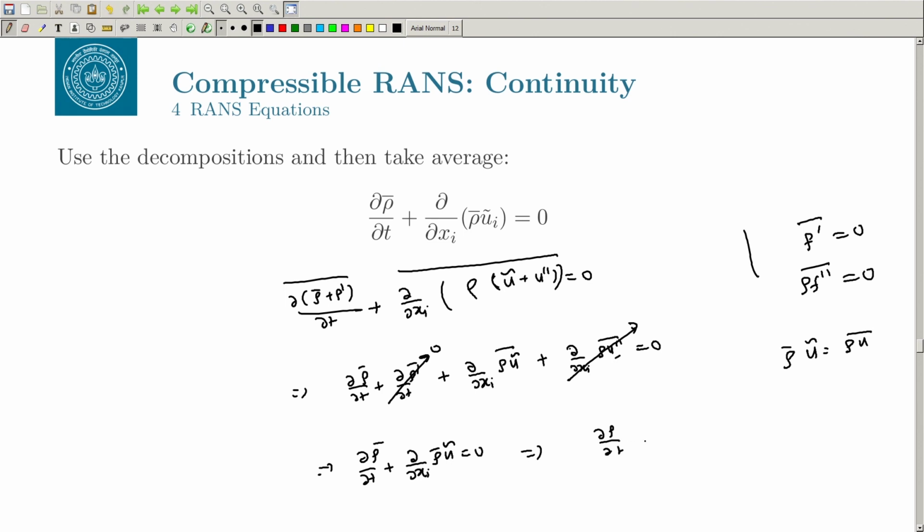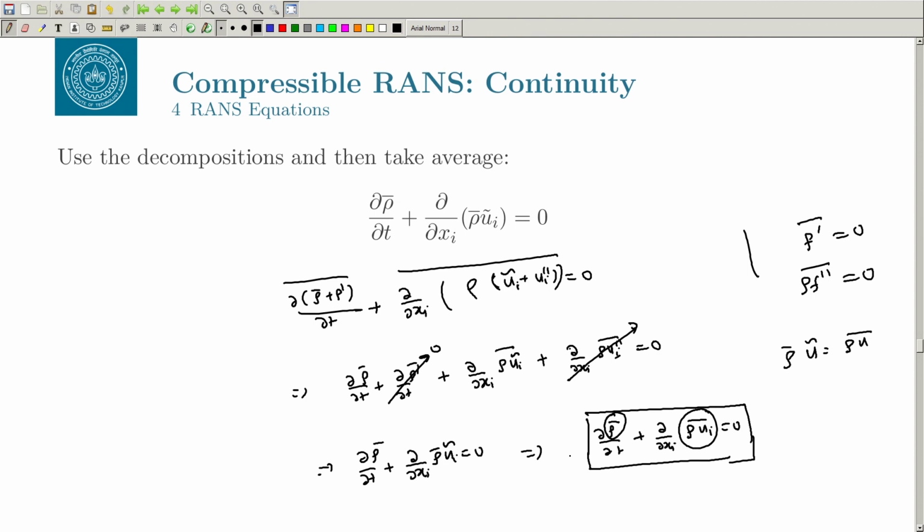I have just used u for 1D, but you can also use i here, so that it becomes for all 3D. The form is similar to the continuity equation in the Navier-Stokes, except that now all the variables are replaced by their averages.